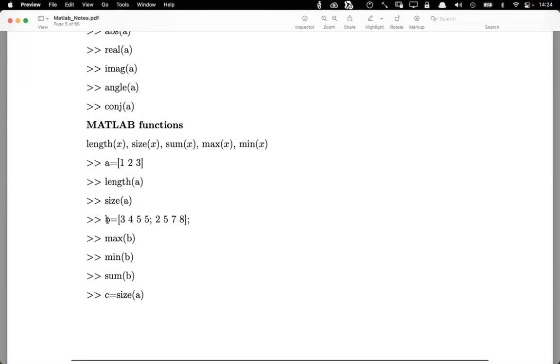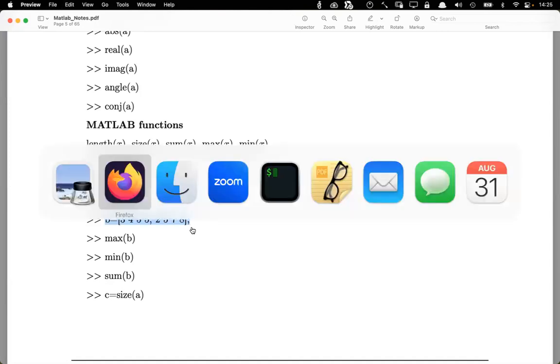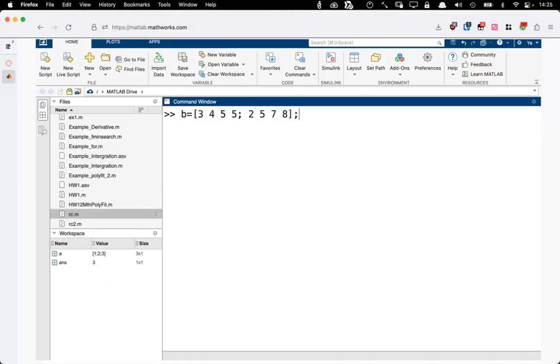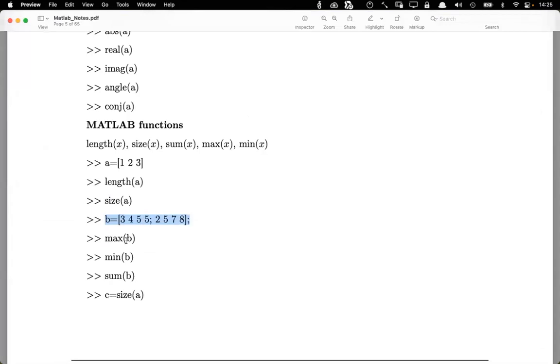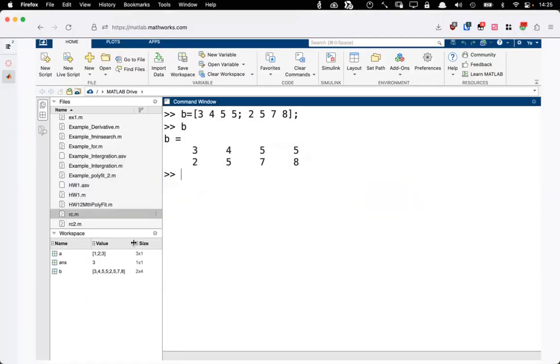Okay, so this is a new one. Let me copy this one. So B is a 2 by 4 matrix. First one, max for maximum. max B will get the maximum number in each column.